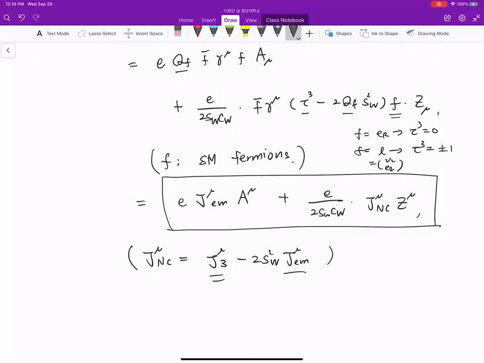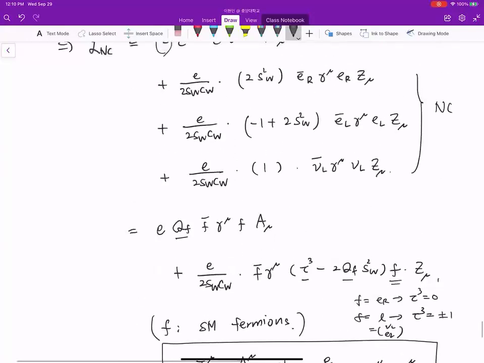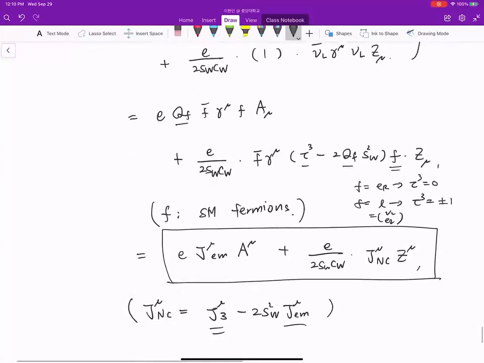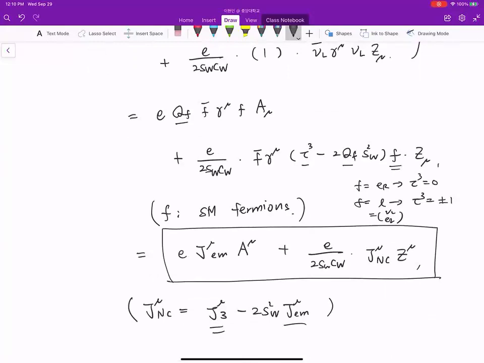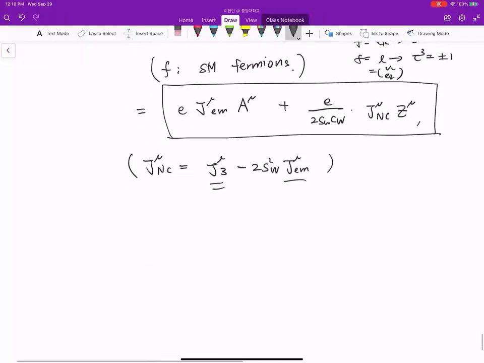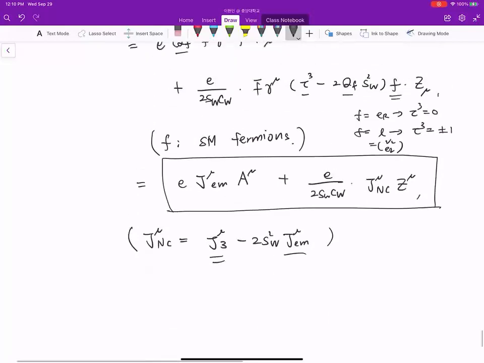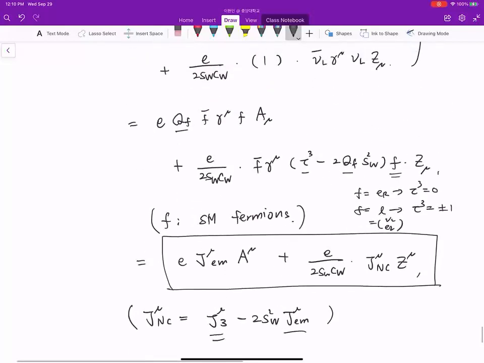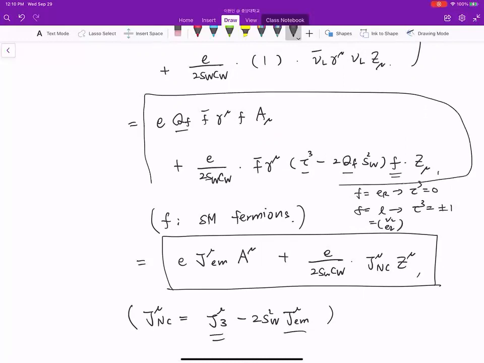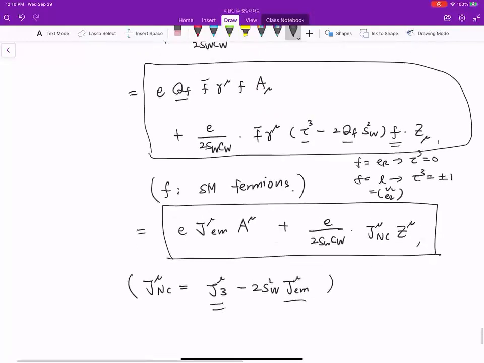Then you can accommodate not only leptons, but also quarks. So F can be leptons or quarks. You need to count what the value of tau 3 and the charge are, et cetera.